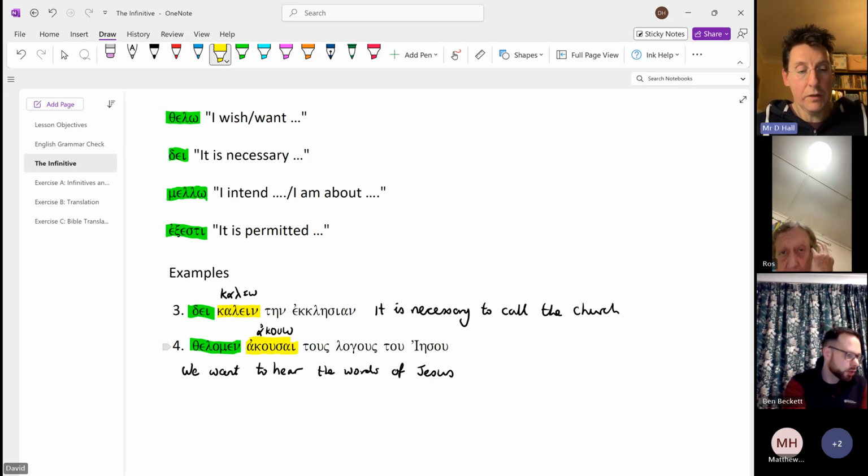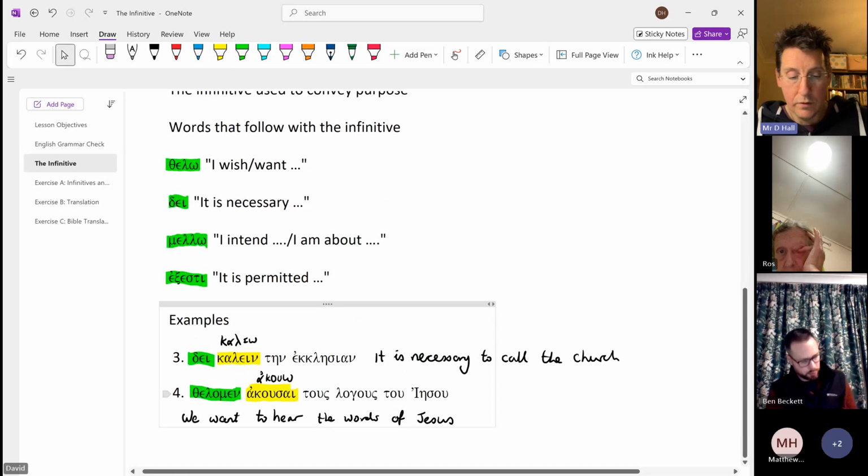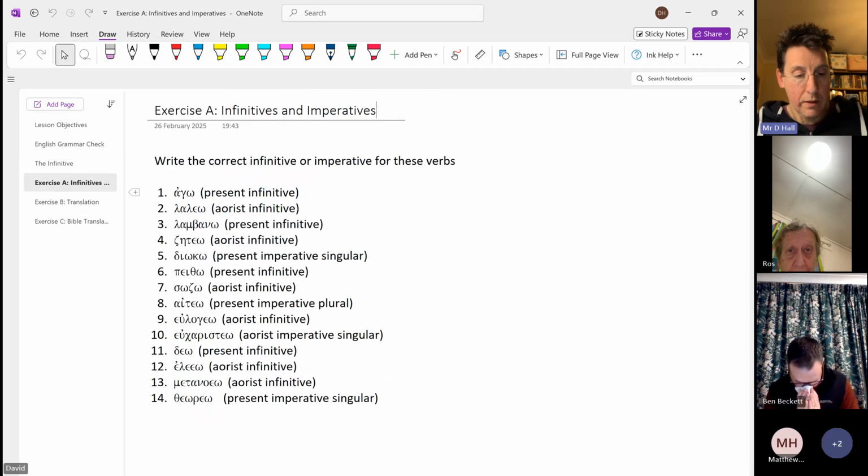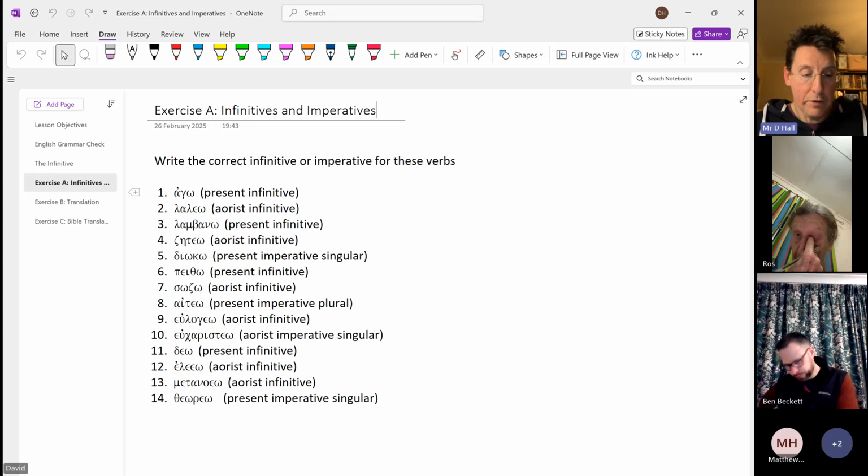So we're trying to spot an infinitive today and translate some of those. What I'd like you to have a go at to start with is to see if you can write the correct infinitive or imperative for these verbs. You need to think about the two parts that we have, and I've put in a few imperatives as well to remember.